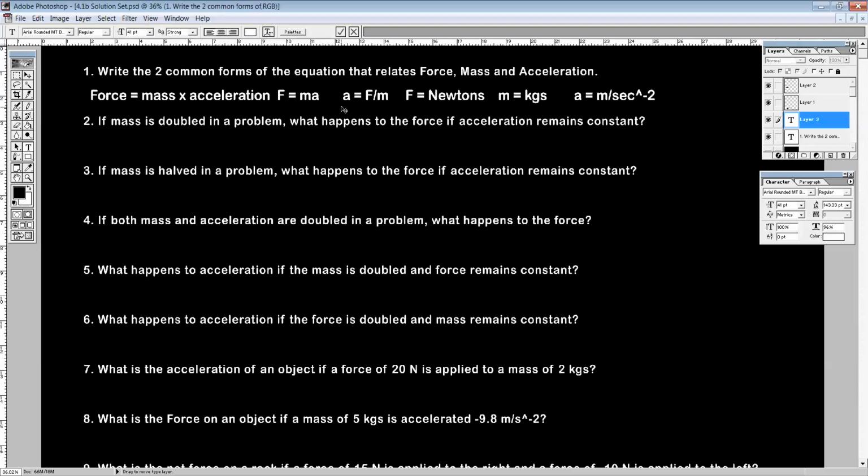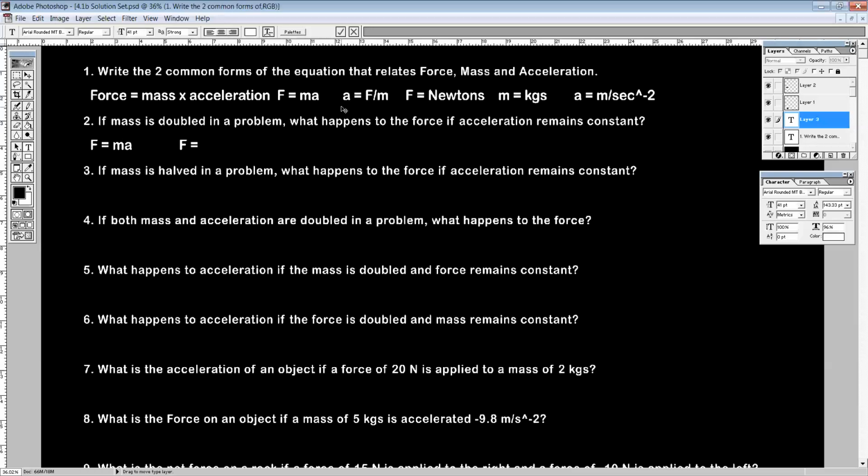So you can just begin to feel this rather than have to crunch a number every time. So question number two: if mass is doubled in a problem, what happens to the force if acceleration remains constant? All right, let's go ahead. We are calculating for force, so we want to use this version, F is equal to ma. Let's set up a simple problem.